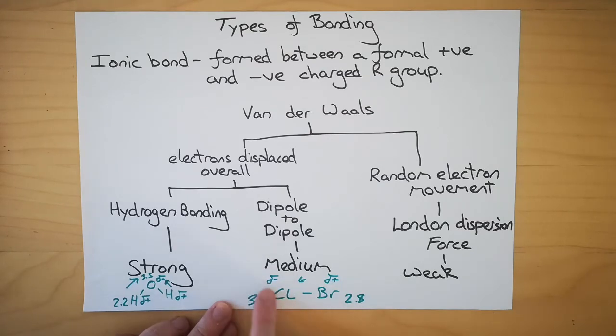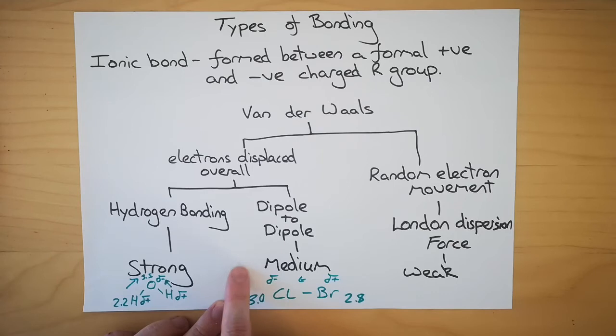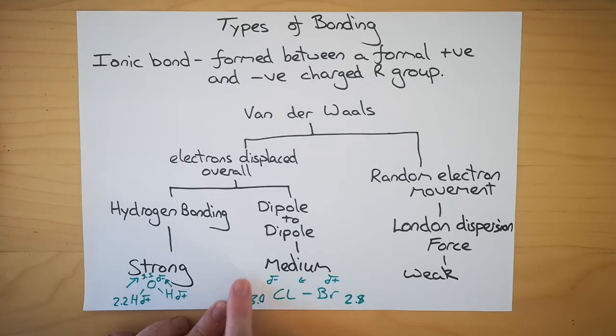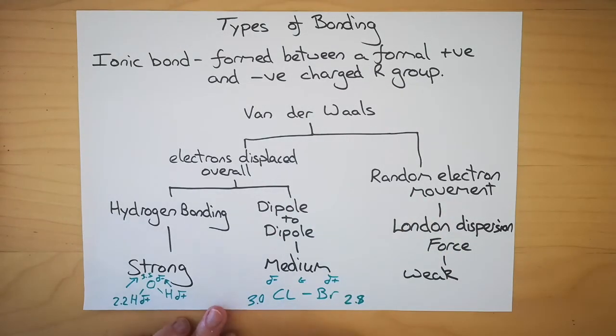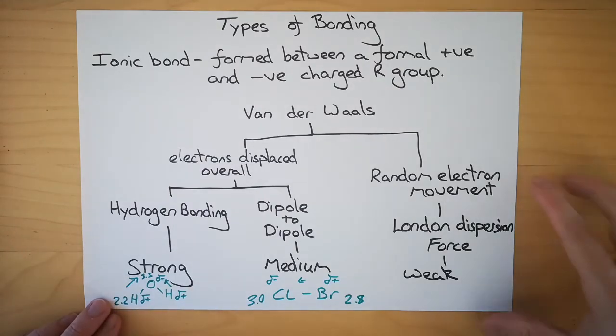The dipole to dipole interaction would be between that chlorine and the next bromine up here. And that would be very, very slight because there's only a very slight difference in the electronegativity, and that would be a dipole to dipole. Hydrogen bonding is the same thing, it's just those electrons being pulled closer towards one atom, but it forms a much stronger bond.